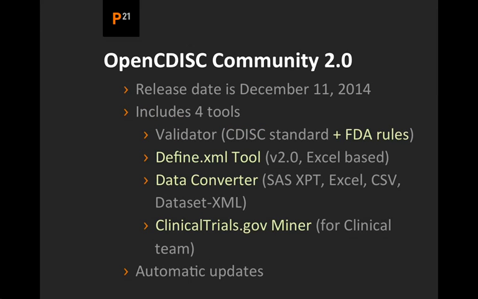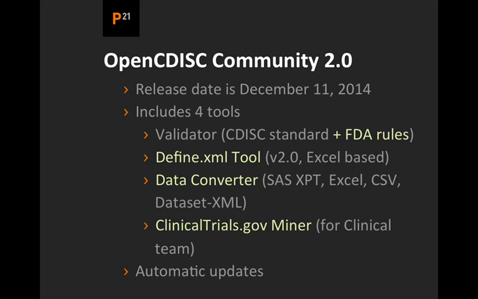So we will talk about OpenCDISC Community 2.0, which is a free open source tool. The release date for this version is December 11. That new release will include 4 tools. Validator will be enhanced with FDA rules.